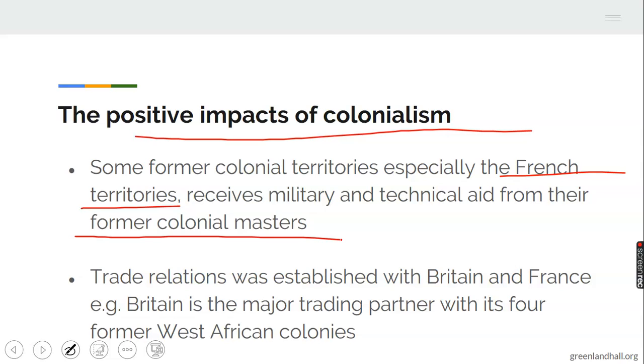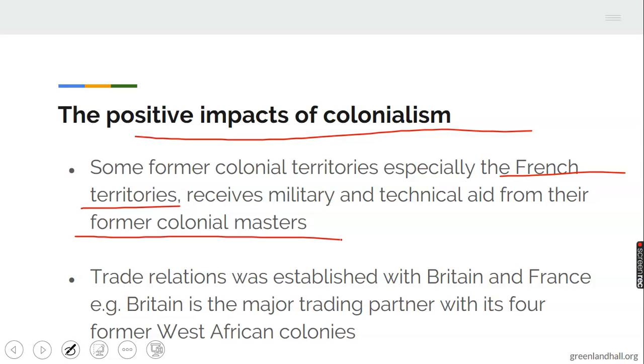And it's still happening today. Go and look at the countries colonized by the French. They used to support them; anytime there is a crisis, maybe war, their colonial masters are readily available for them.